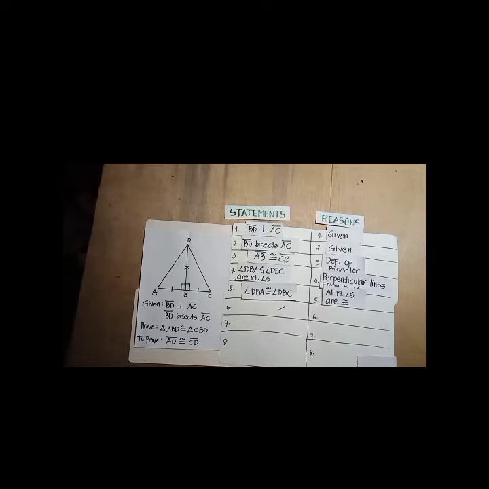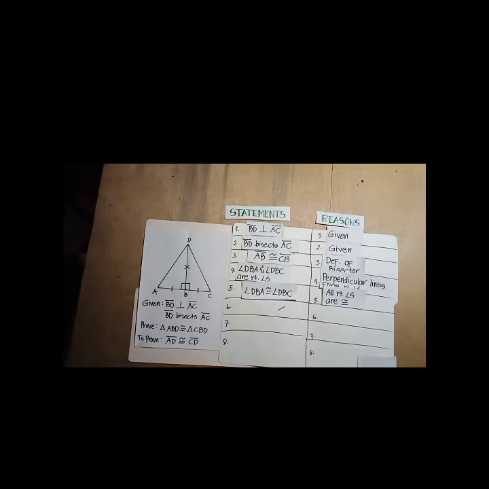Now, notice here that I can take this large triangle DCA and split it up into two halves along this line DB. If I split this up into two separate triangles, we notice that they both share that line segment DB.